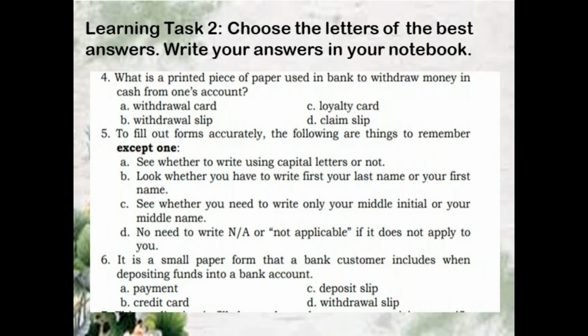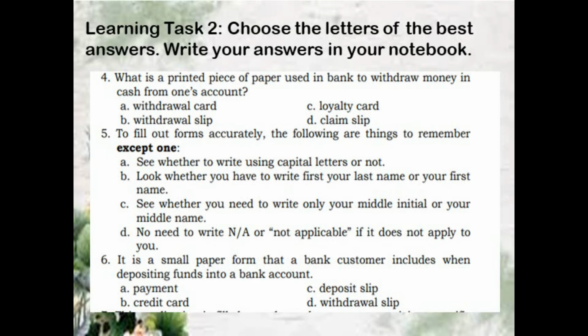Number 4. What is a printed piece of paper used in bank to withdraw money in cash from one's account? A. Withdrawal card. B. Withdrawal slip. C. Loyalty card. D. Claim slip. 5. To fill out forms accurately, the following are things to remember except: A. See whether to write using capital letters or not.